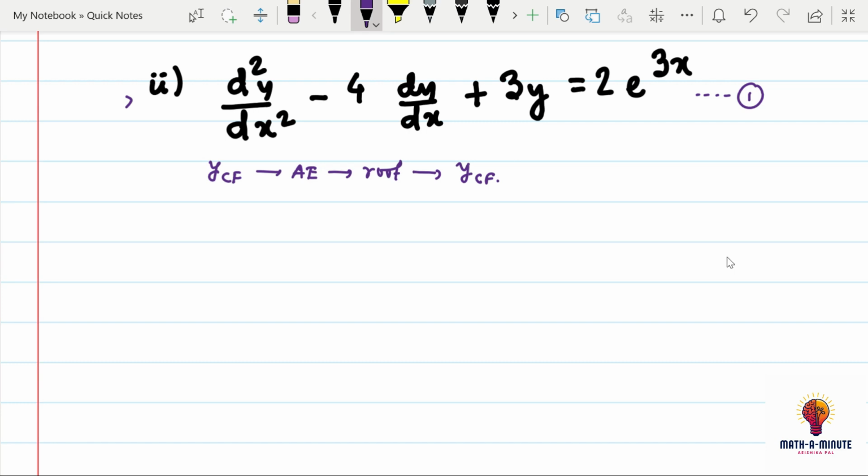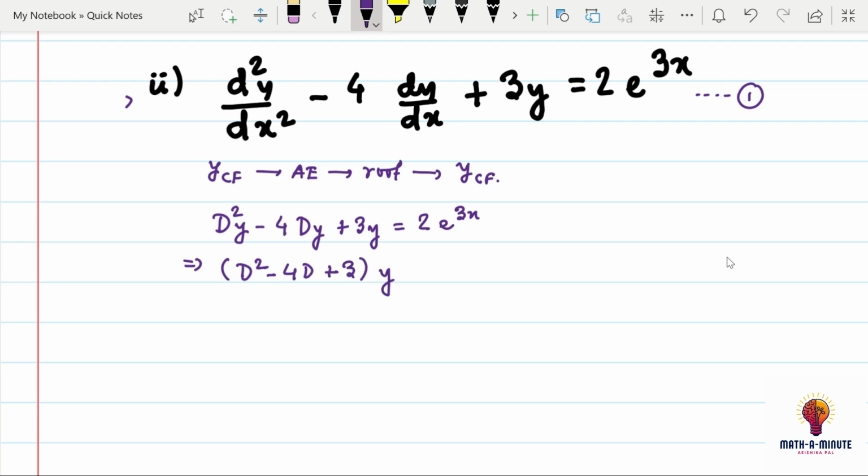Okay. Now here we can write the given differential equation in the form of D squared y minus 4 Dy plus 3y equals 2 e to the power 3x. So we can also write (D squared minus 4D plus 3) y equals 2 e to the power 3x.